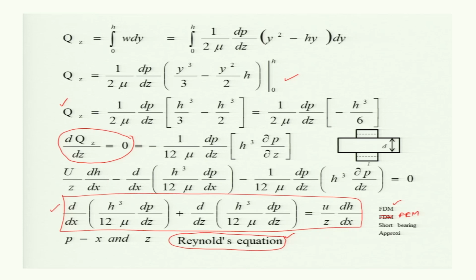So, later on again this equation was modified to include the effect of turbulence. So, there are certain modifications in this Reynolds equation considering different working conditions, but this is the basic equation.